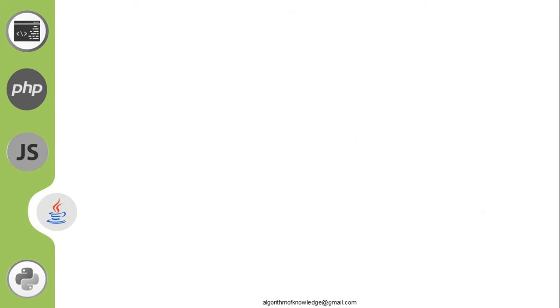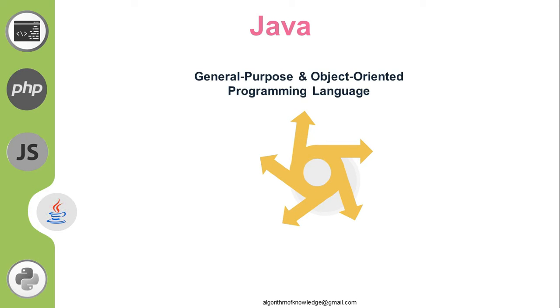Now let's move to another language, that is Java. Java is a widely used programming language, expressly designed for use in the distributed environment of the internet. It is a general purpose programming language that is class-based and object-oriented. If you are a beginner and just started learning Java, then you might be thinking where exactly Java is used.